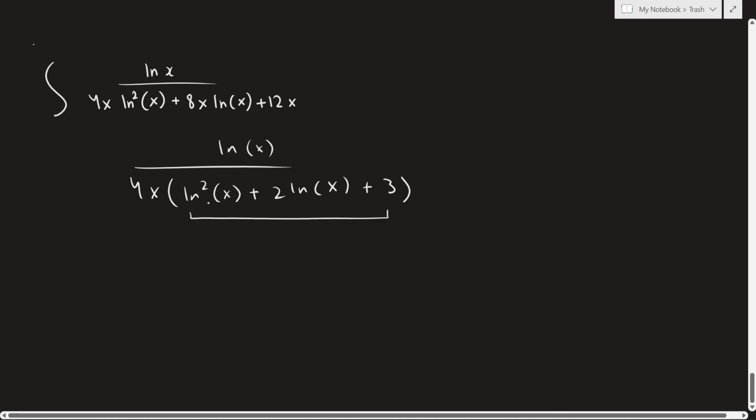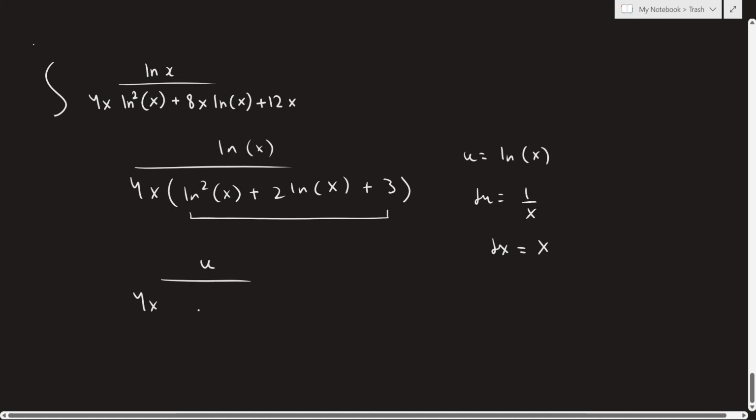Before factoring, let's take u as ln x to make this easier. So you have u squared plus 2u plus 3. So du is 1 over x, so dx is x du. We can take ln x at the top as well, since it's also u.